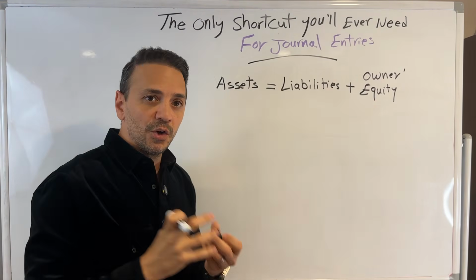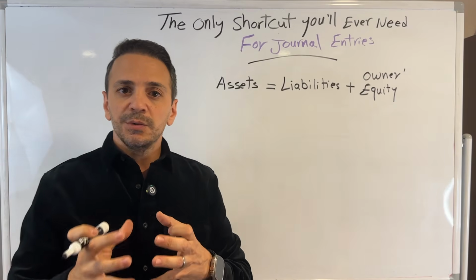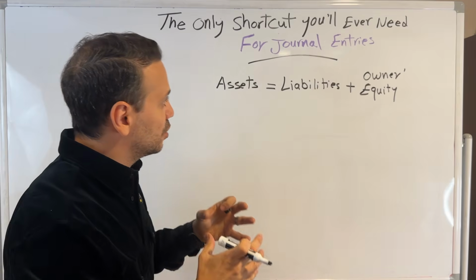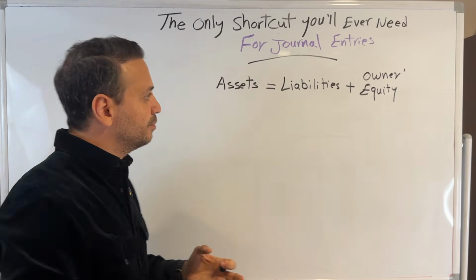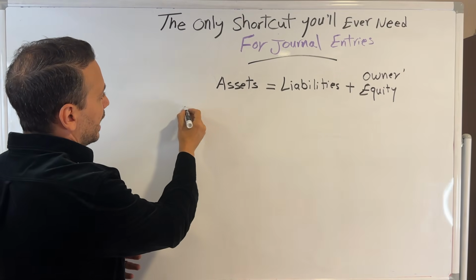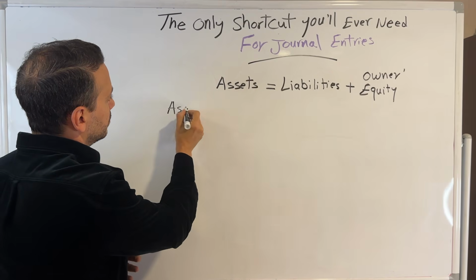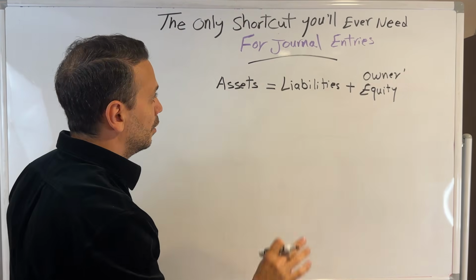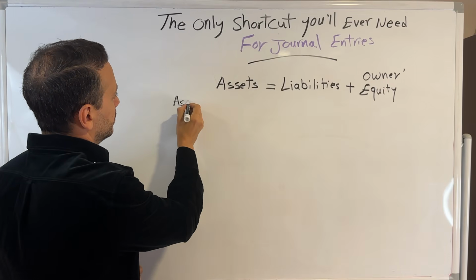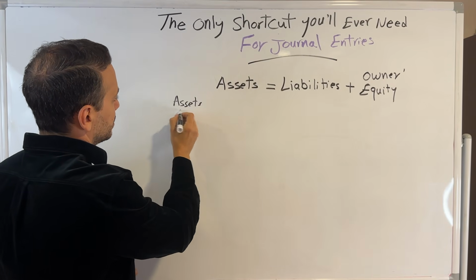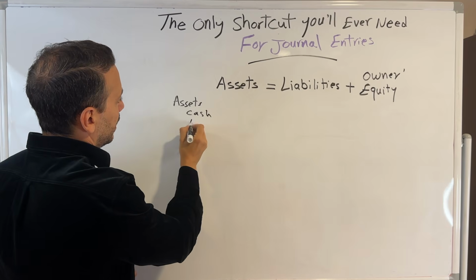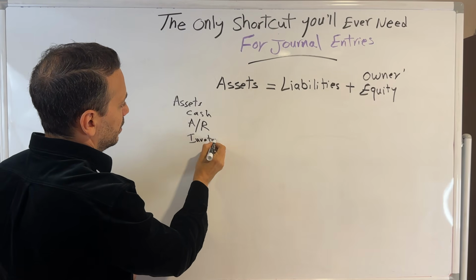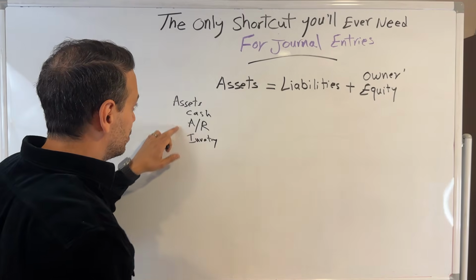To organize our business transactions, we usually record them in the form of an account. So we have the concept of an account. What are the typical accounts that we have? Well, we have assets, such as cash, accounts receivable, inventory, etc. There are many types of accounts under assets.